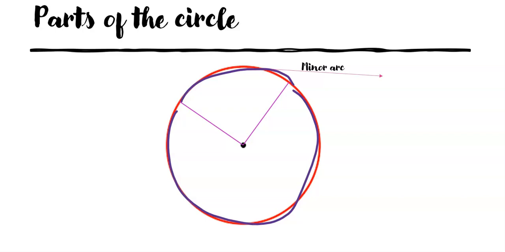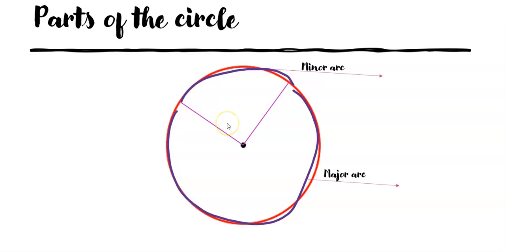So for it to be the smaller portion, the angle that goes with the minor arc must be less than half the circle, which is less than 180 degrees. And as you can imagine, the major arc is the bigger portion of the circumference, and the angle that goes with the major arc is greater than 180 degrees.